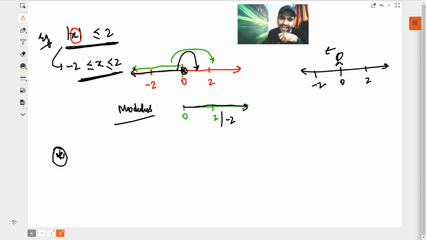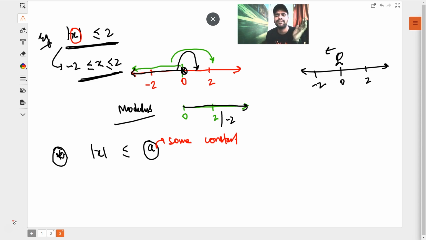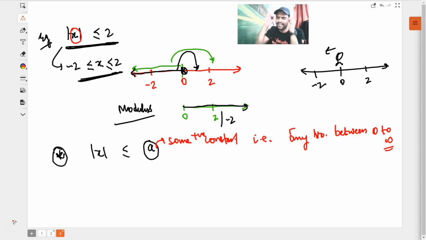So I'll generalize this particular thing: if mod of x is given lesser than or equal to a, and this a which I'm writing is some positive constant number, anything from 0 to infinity, that is, any positive real number, then if this inequality holds true, this x will be lying between -a, greater than or equal to, and lesser than or equal to a.